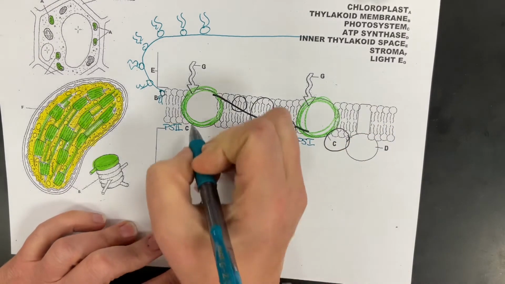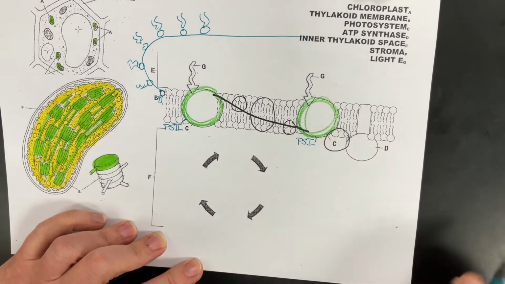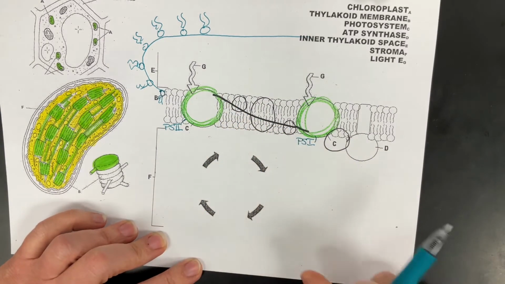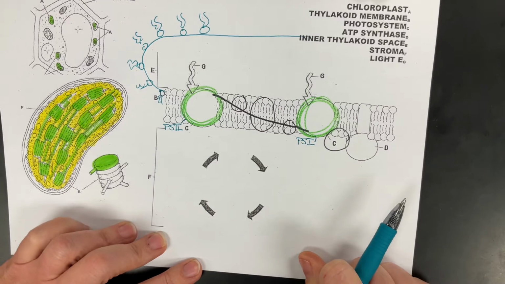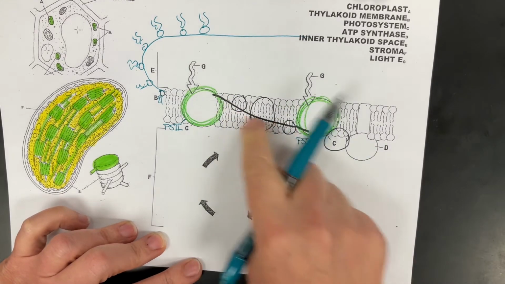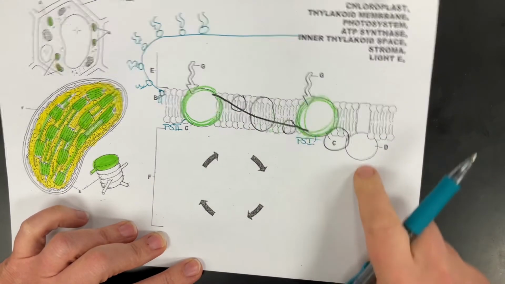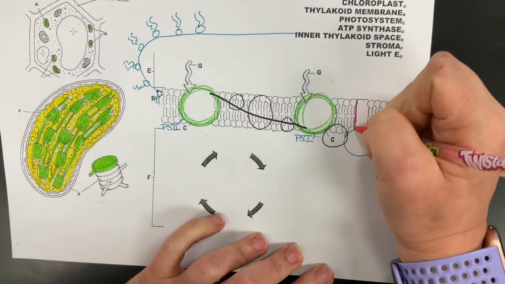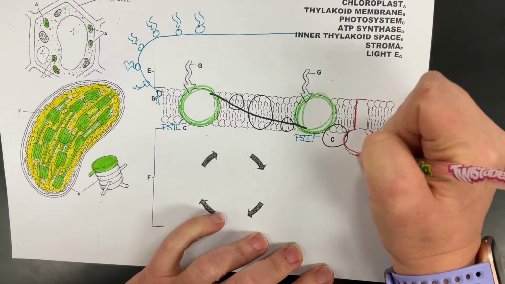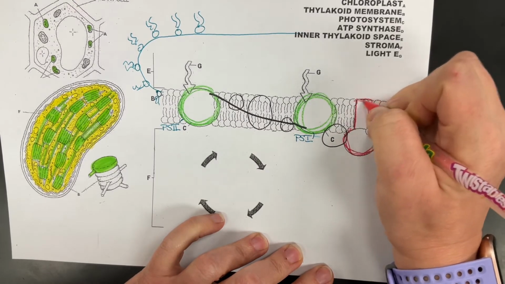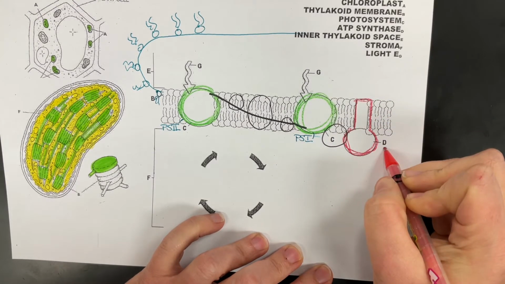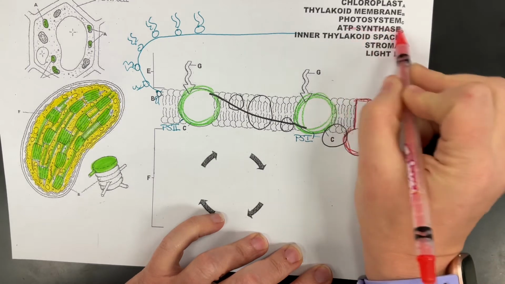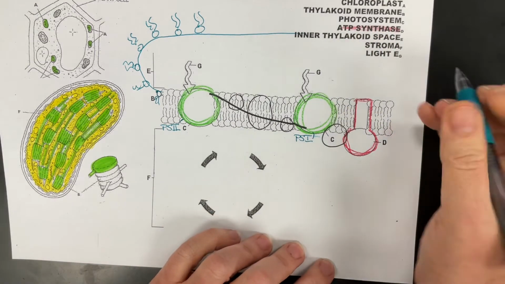Okay, so that is what these two guys are. These blobs here are part of the electron transport chain where they move around transporting the electrons. This guy here, if we look at D, this is going to be our ATP synthase. Okay, so I'm just going to label this here.